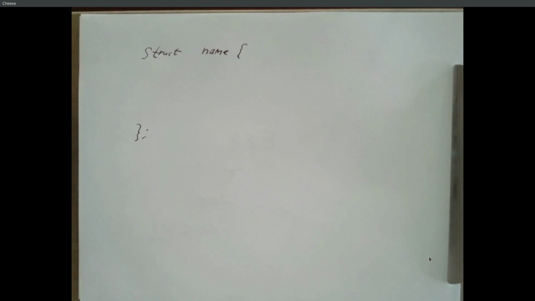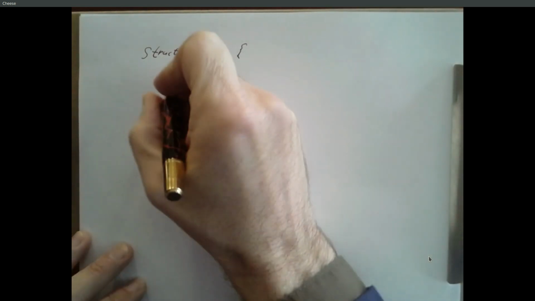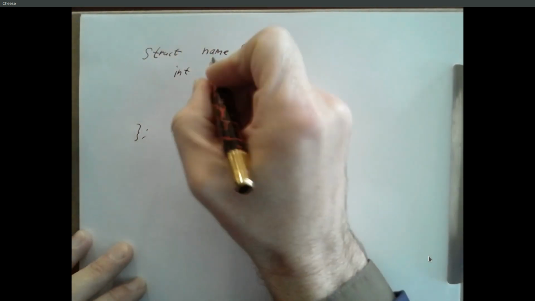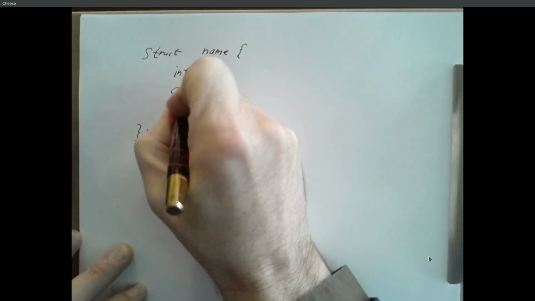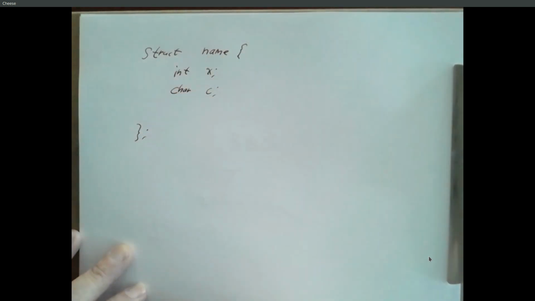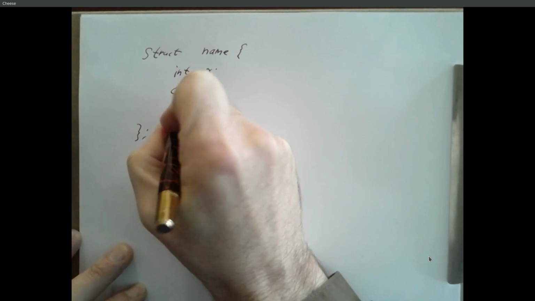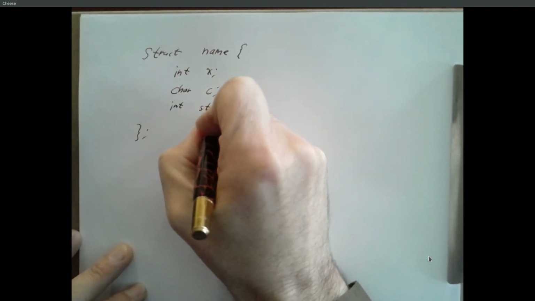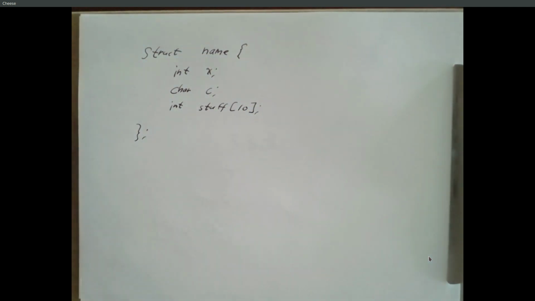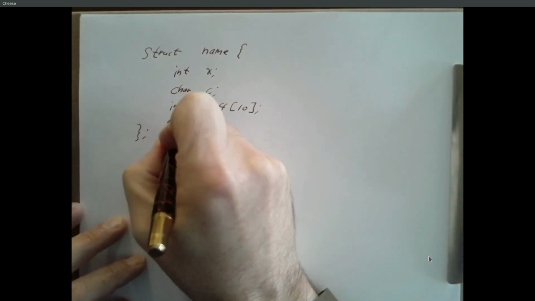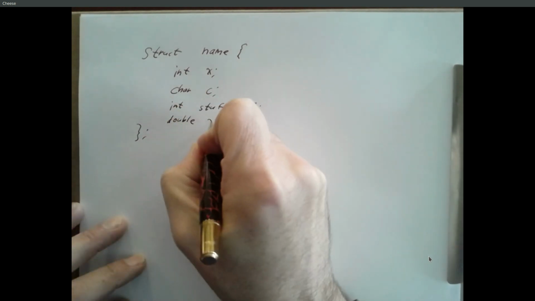Inside this definition between the brackets, we can list a bunch of variables. They can be any types of variables, with any names that we want. For example, we might have an integer x, a character c, an integer array called stuff, which holds 10 integers, and a double, which we call x2.